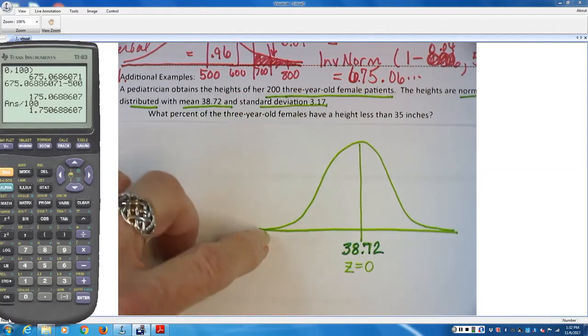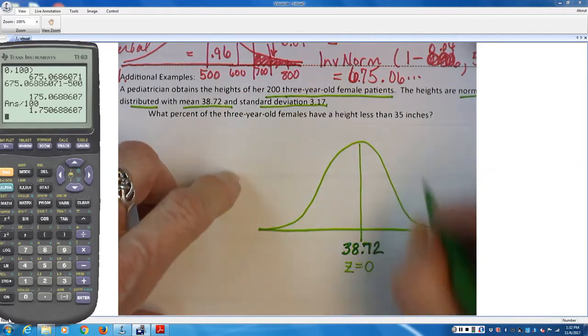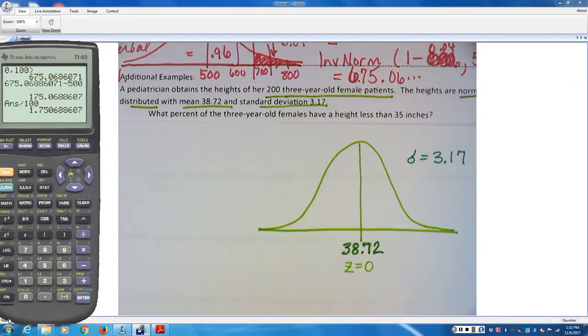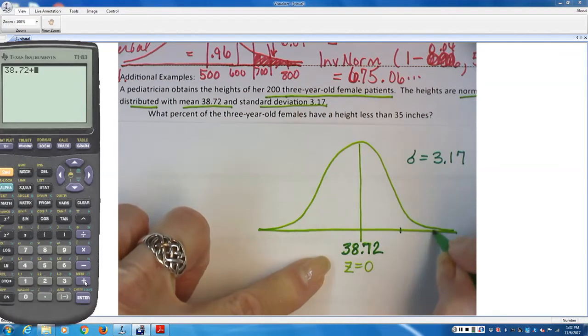So 38.72, and the standard deviation is 3.17. Now, I'm going to show you a quick trick to label your curve. I'm going to clear off my screen, and I'm going to enter in the mean, 38.72, and I'm going to start at the top end of the curve, up here at the Z-score of 3.